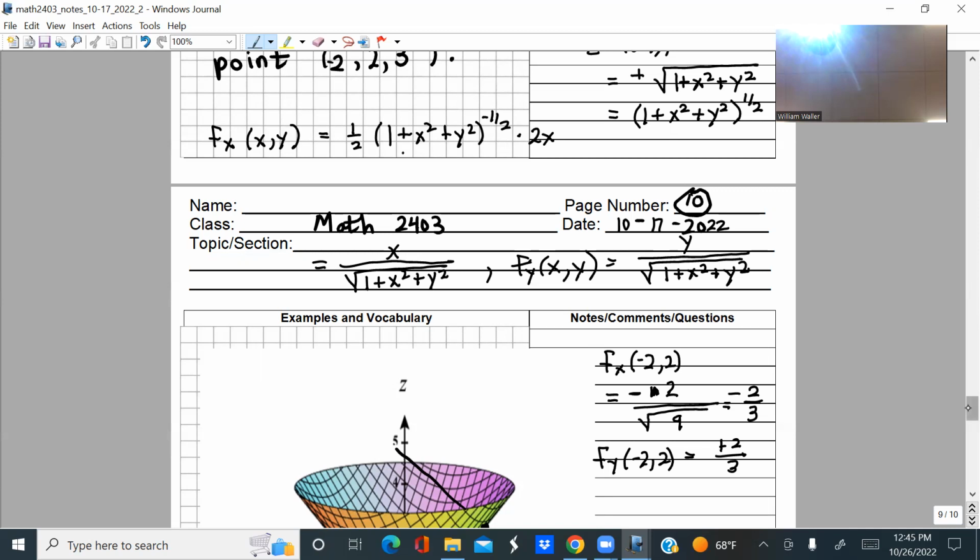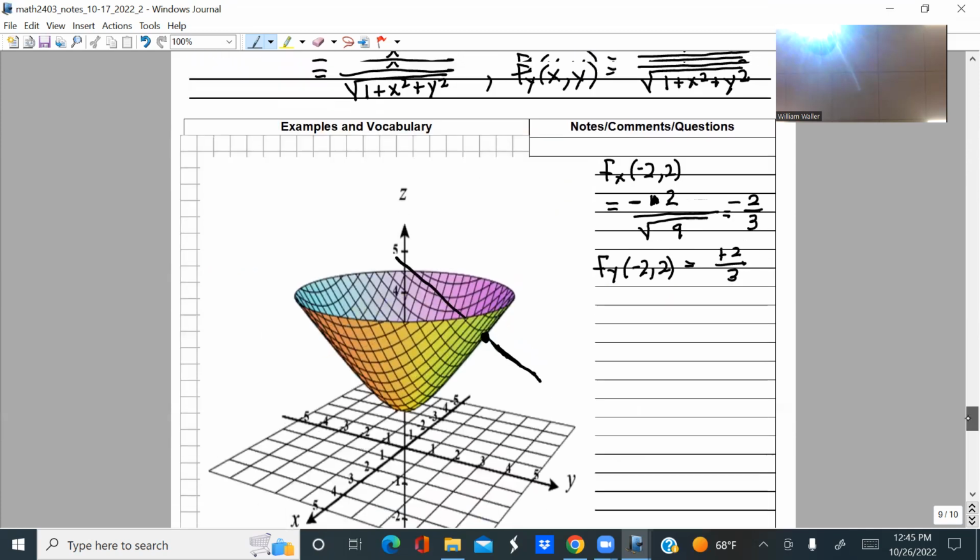So great, the partials are easy to compute and easy to evaluate. And now we just write down our normal vector. Also easy, right? So that's going to be minus 2/3 i plus 2/3 j. And what's the last component always? Minus k. All right, so there's our normal vector.